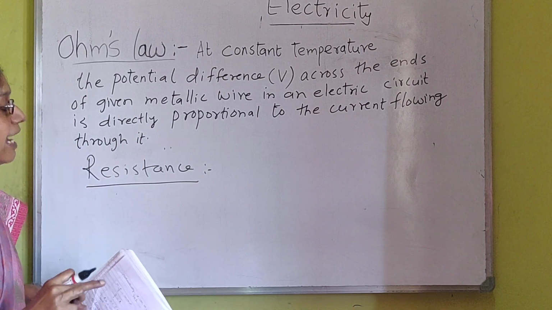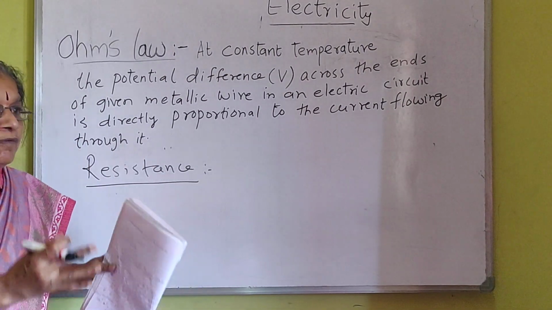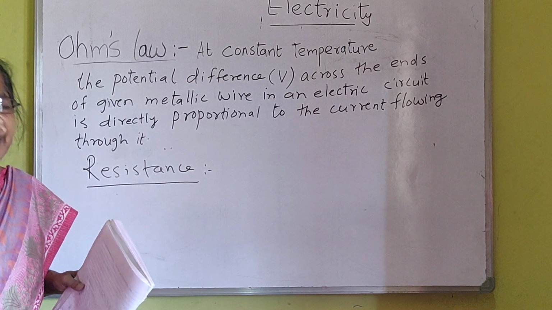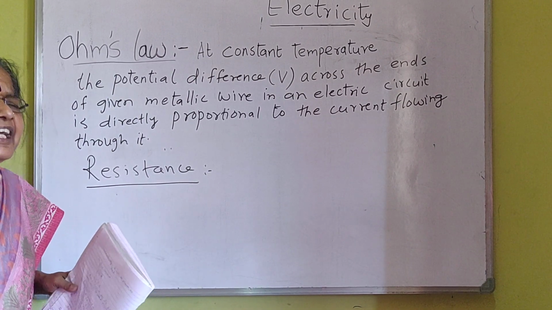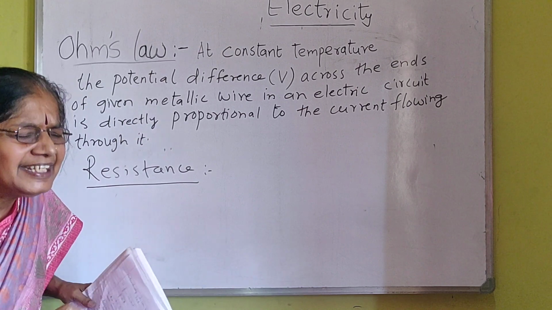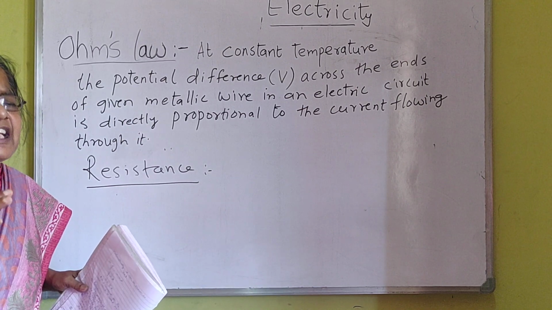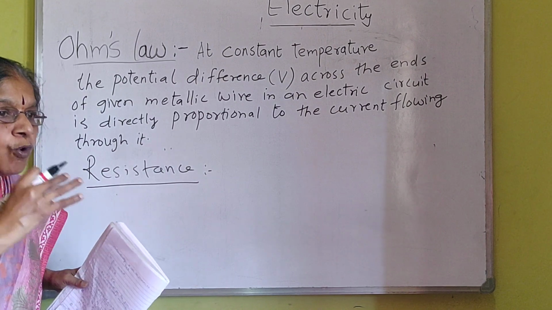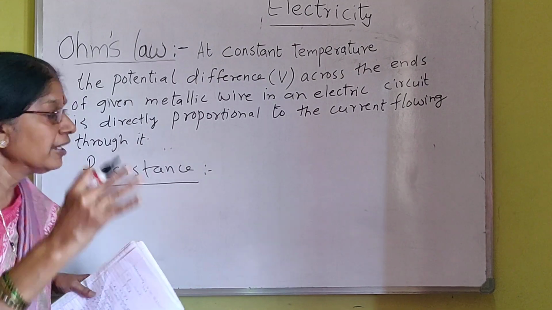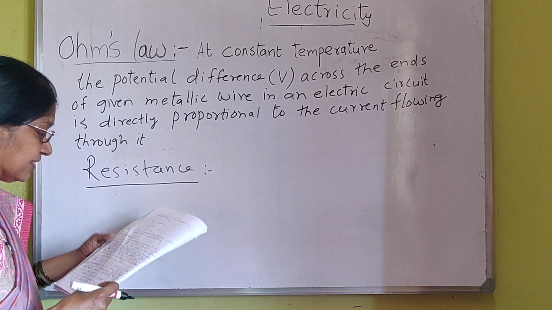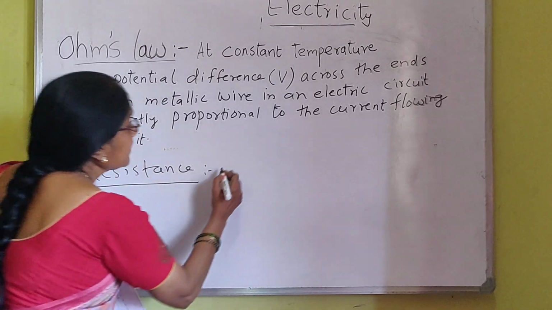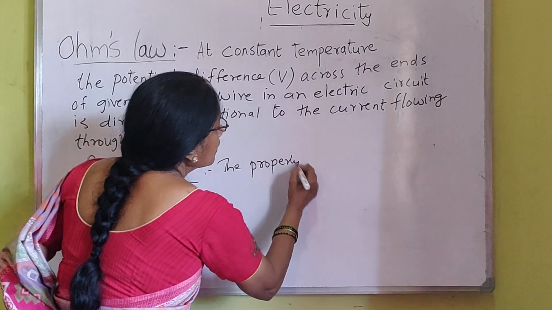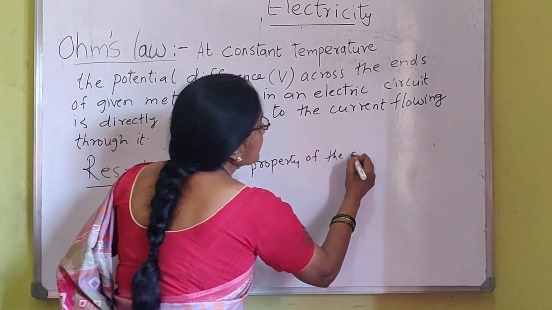Here also, in the conductor, when electrons are moving freely, certain electrons come in the way of these electrically charged particles. They try to stop them, they try to oppose the free flow, that we call resistance. So resistance is nothing but the property of the conductor.